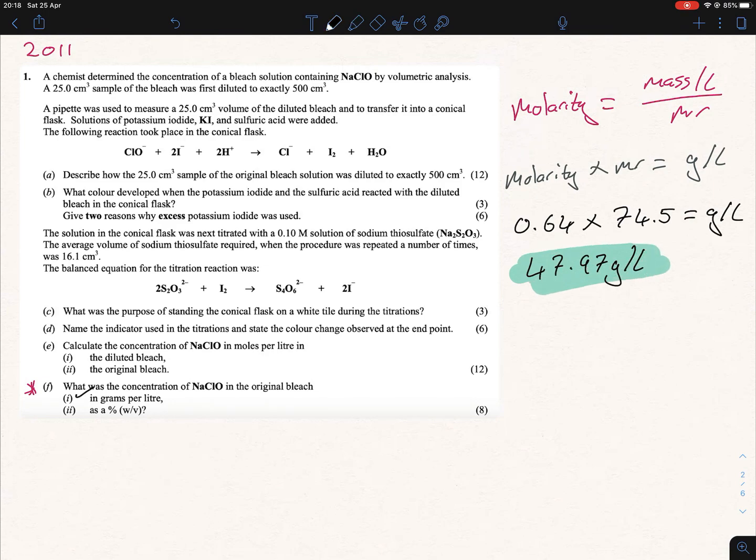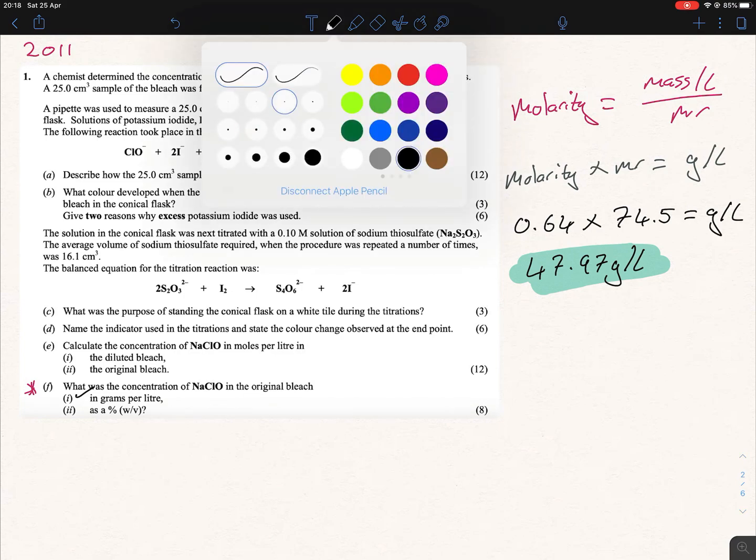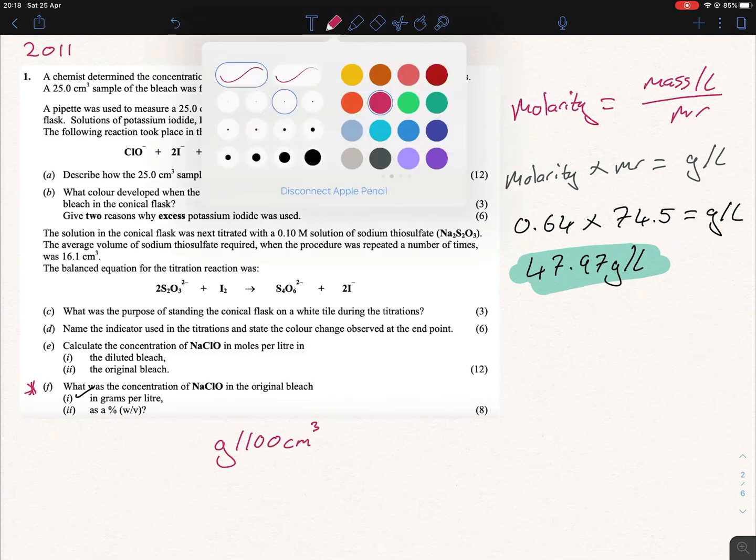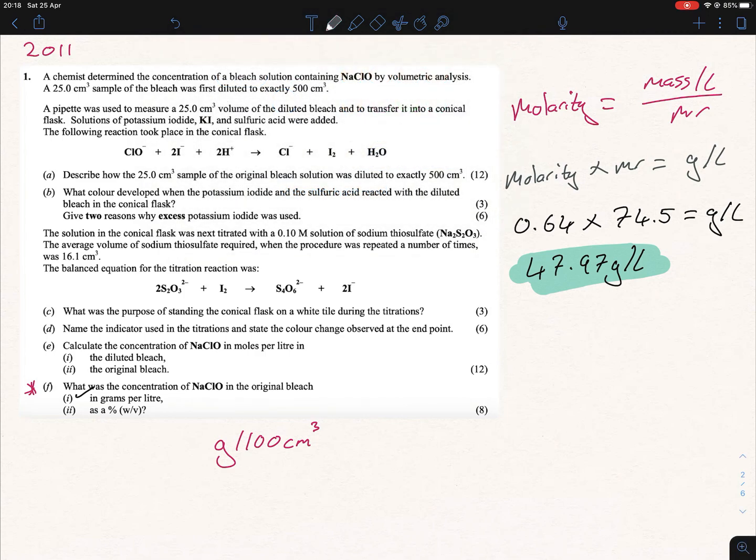And now we're looking for it in terms of the percentage, in terms of weight per volume. As soon as we see weight per volume, it's the exact same as previous ones. Get it into grams per 100 centimeters cubed. Once you have it in grams per 100 centimeters cubed, you're done. So let's have a look at it. We have it in grams up here per litre. So how many times does 100 go into 1,000, a litre being 1,000 centimeters cubed?